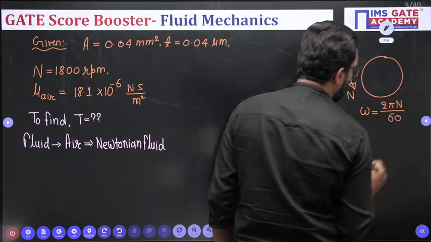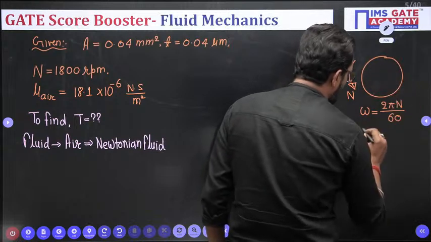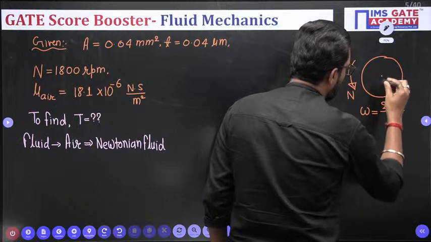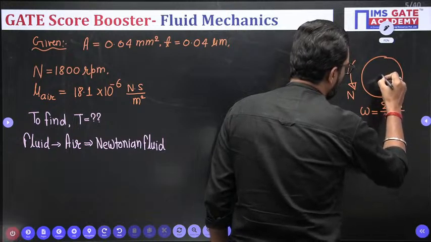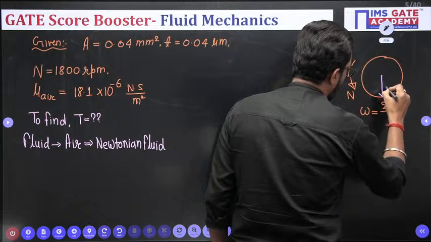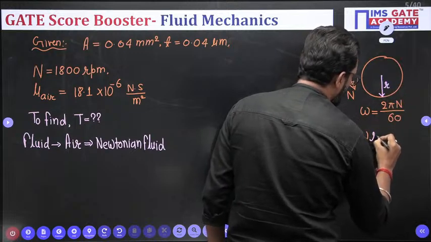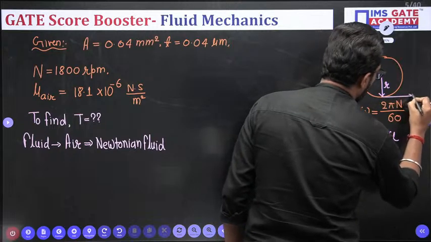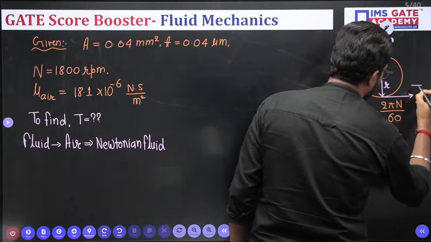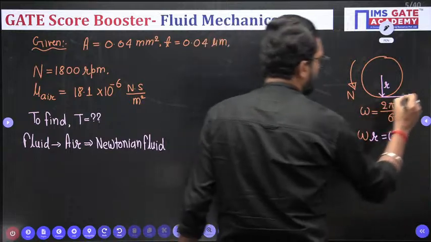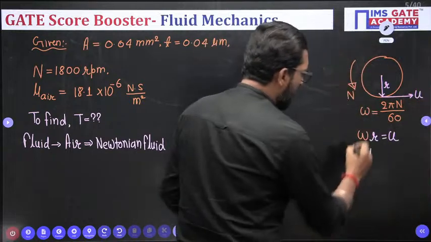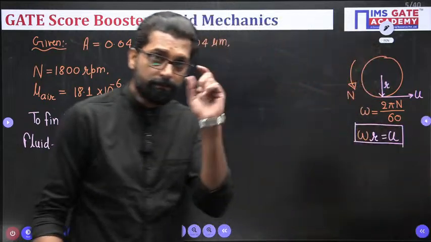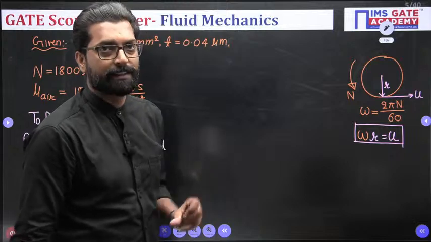If you multiply omega by r, the radius of the disc, omega times r is the tangential velocity. Let's suppose this is u. This is the tangential velocity of the disc.